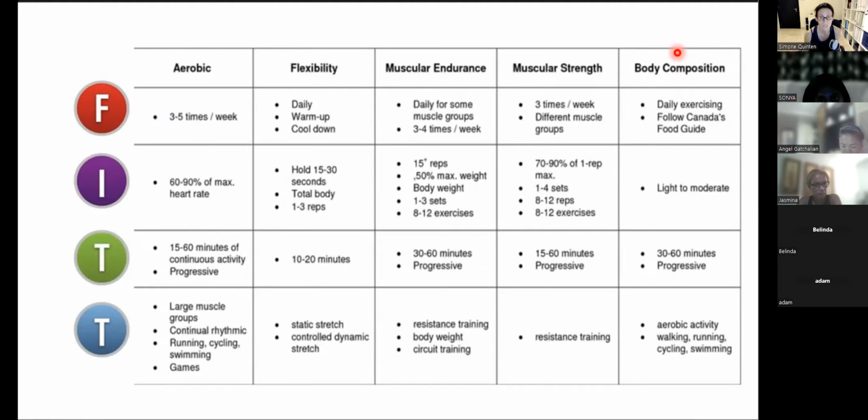Please take a picture, or go back to your video when I'm sharing it with you tomorrow and go through this one. There is no right thing or bad thing.